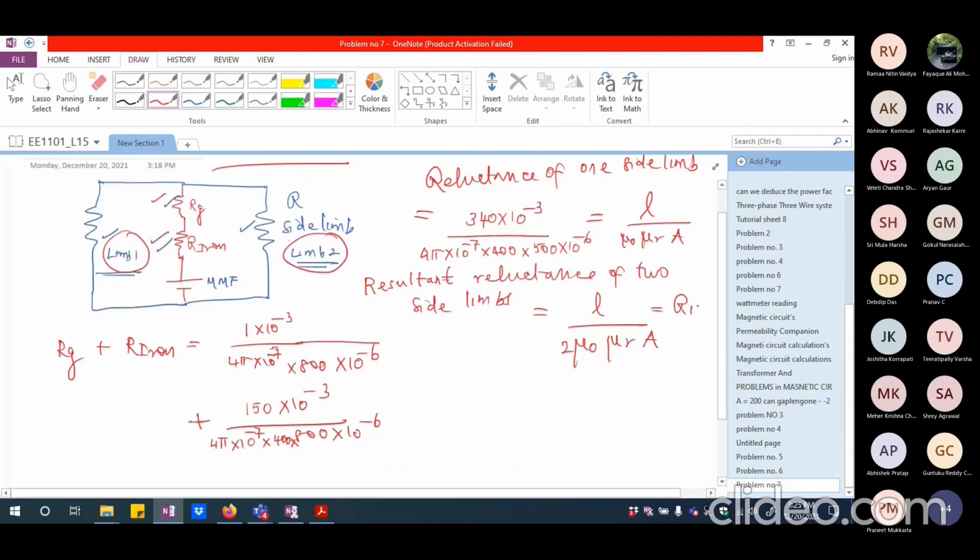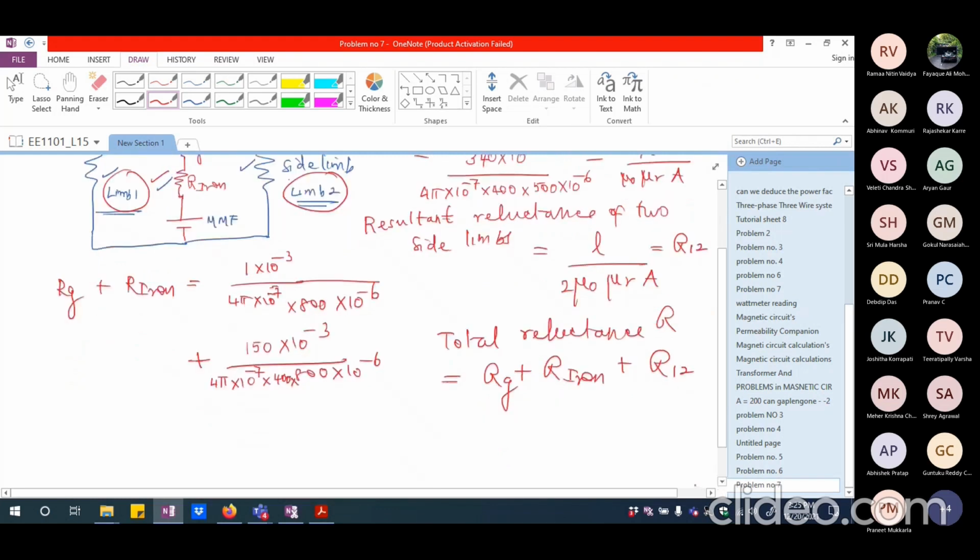So if I say that this is R12, total reluctance is equal to Rg plus R iron plus R12. All of them will be added.